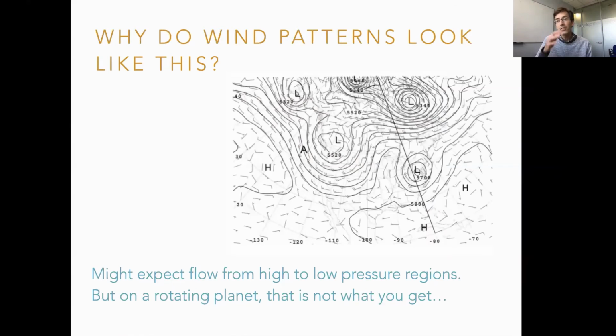So now I want to think about the peculiar effects that rotation has and the dynamical regimes that it gives us in a fluid. The motivating question I want us to think about for a second is why, when you look at the wind patterns on Earth, you see something like this, and how that comes out of the Navier-Stokes equations.